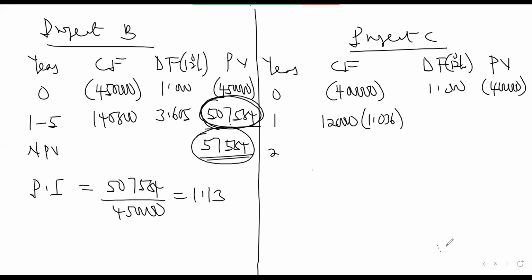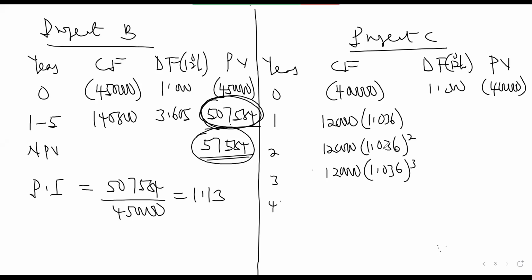Year 2 will be 120. If you like, you can do workings for it and bring it. There's no problem. 1.036 exponent 2. Year 3 will give you 120 into 1.036 exponent 3.